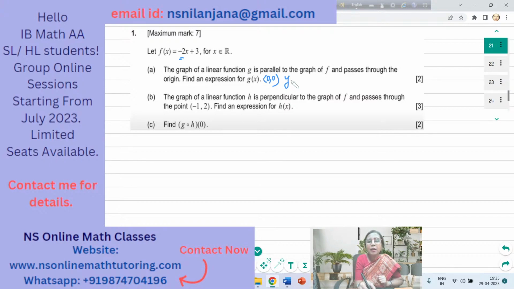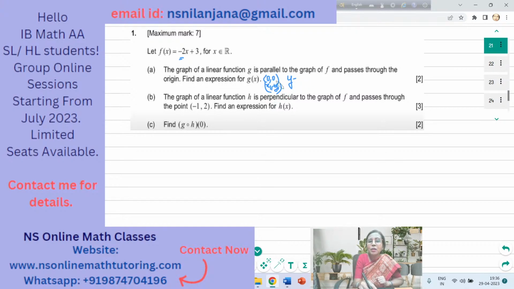So let me write this as g of x. Since I'm using y minus y1, if I had used y equals mx plus c, I could have written x. So let me first of all write y minus y1. This is x1, and this is y1.